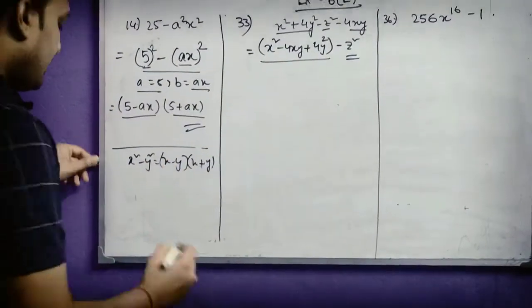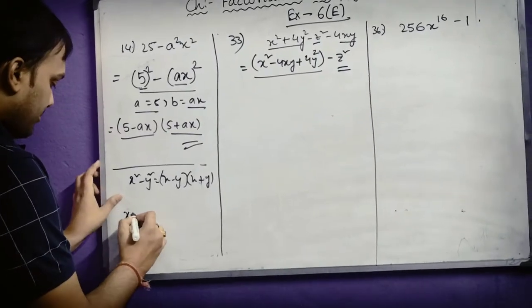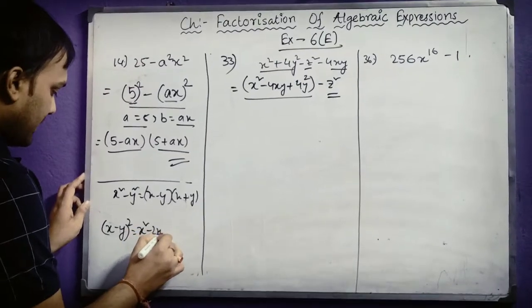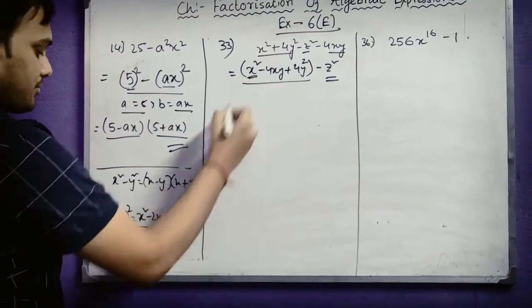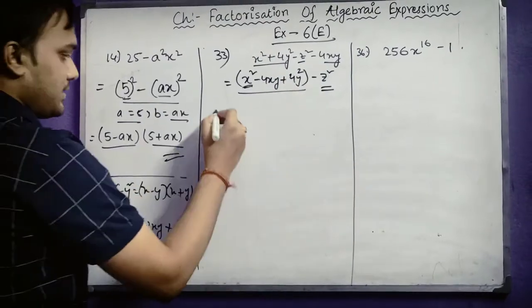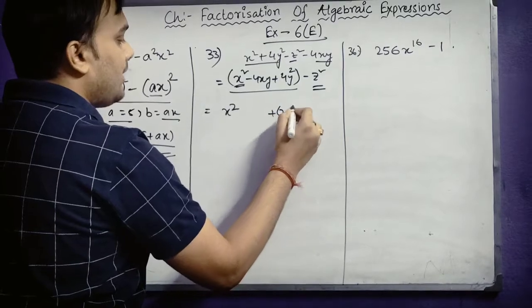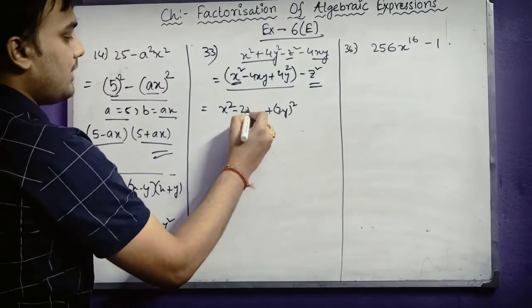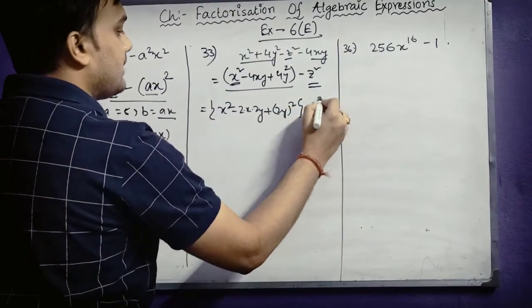So it's very clear that I will be utilizing x minus y whole square equals x square minus 2xy plus y square. So in place of x square I have x square. In place of y square I have 4y square. So I will write here x square plus 2y whole square minus, in place of 2xy I can write 2 into x into 2y, minus z square.